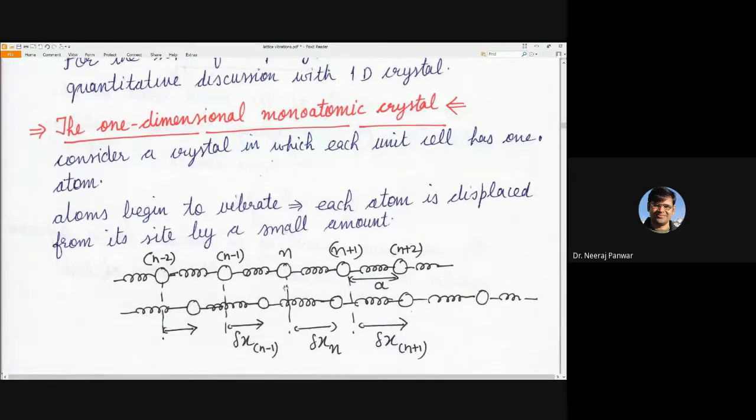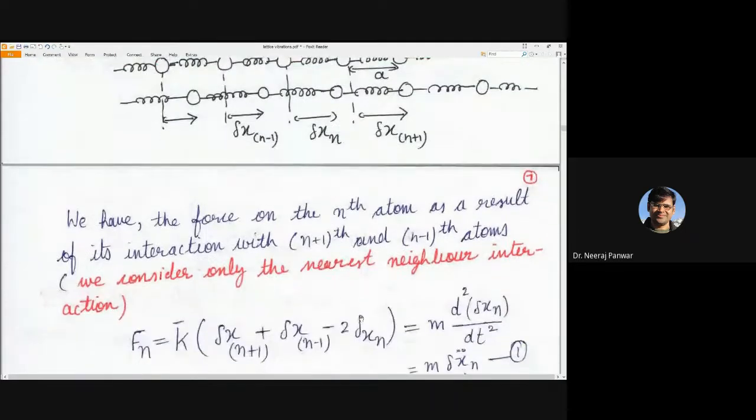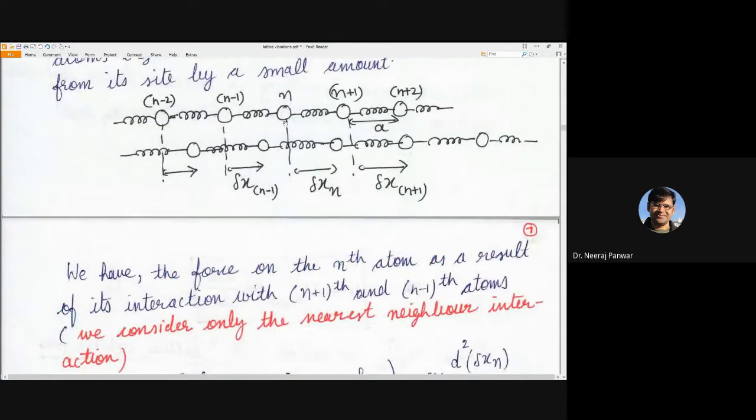So at any instant, the displacement of the nth atom from its equilibrium position is given by delta xn. Accordingly, the displacement of the n minus 1th atom from its equilibrium position is delta xn minus 1, and like this. For this, we need to see how much force is exerted on the nth atom by the vibrations of the n plus 1th atom and by the vibration of the n minus 1th atom.